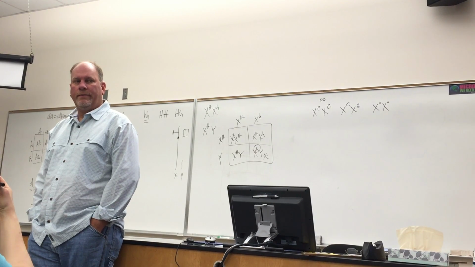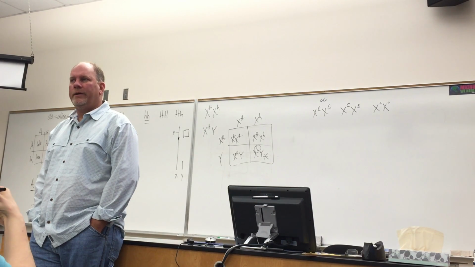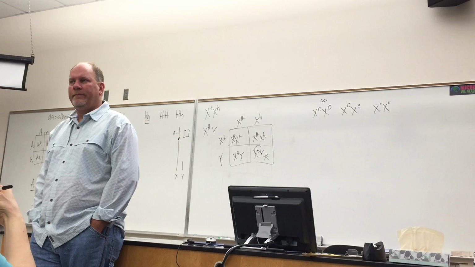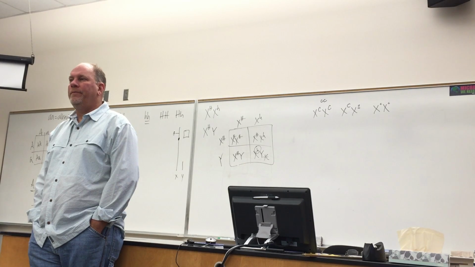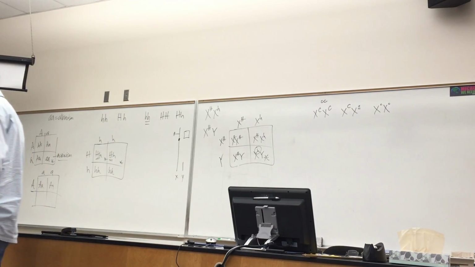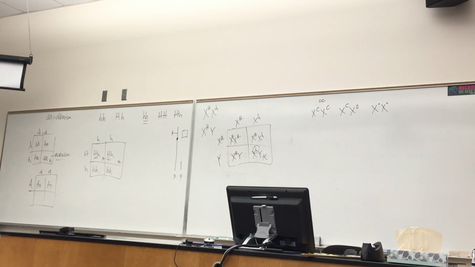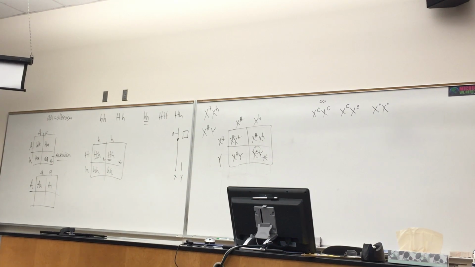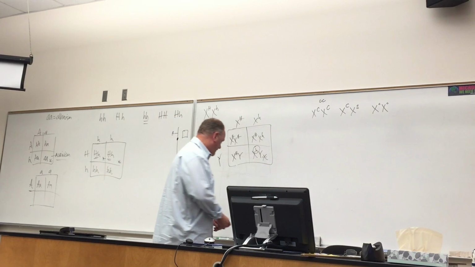Mom is a carrier. What is the probability that they have a colorblind son? What's the chance they have 3 in a row? Doesn't get any harder. That's a hard question.